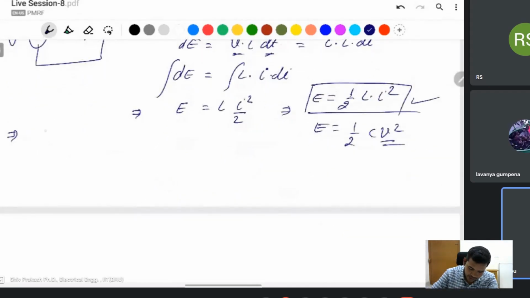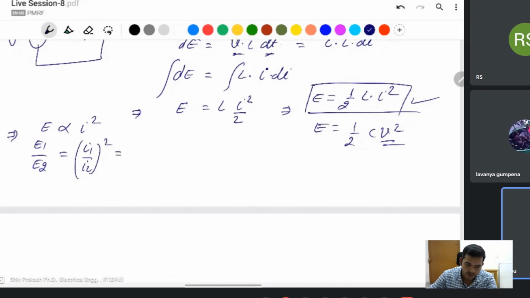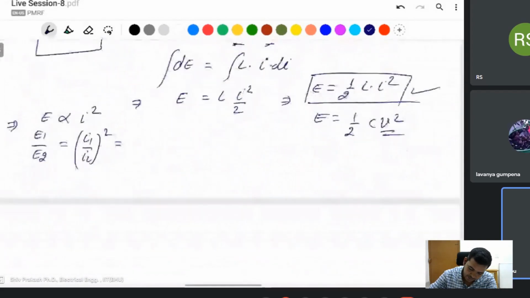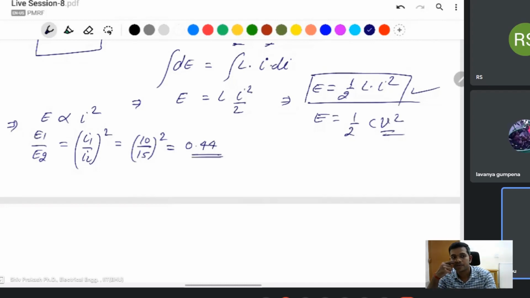Then you can relate that E is directly proportional to I square, then E1 by E2 is I1 divided by I2 whole square. I1 is 10 ampere, I2 is 15 ampere. I calculate this as 0.44 for E1 by E2.